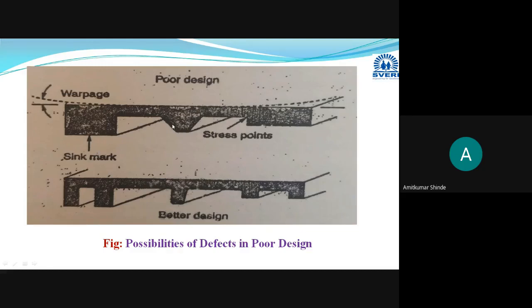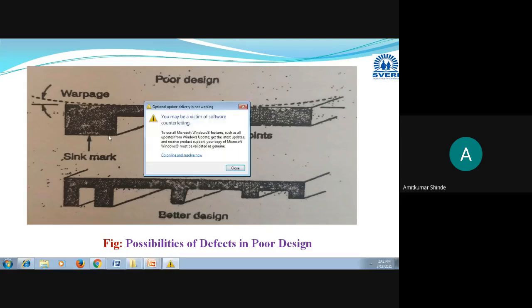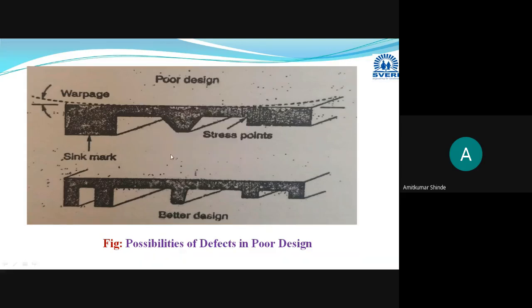Here you can see that uniformity is not there. In this slide, on this top diagram, this is the section, and you can see the wall thickness. Here minimum wall thickness is there, and at some portion maximum wall thickness is there.